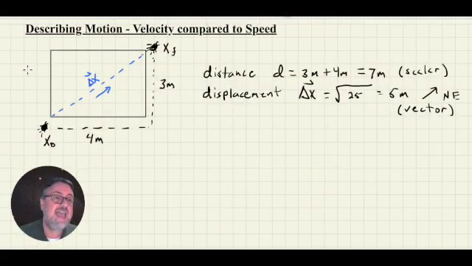So let's say I have a stopwatch and I'm actually timing the bug moving around the table. And let's say that we measured that the time that it takes the bug to move from the starting position to the final position, let's say that worked out to be 10 seconds.